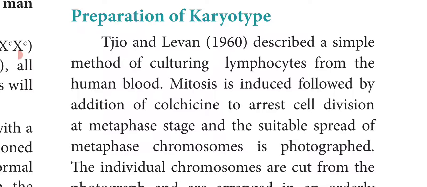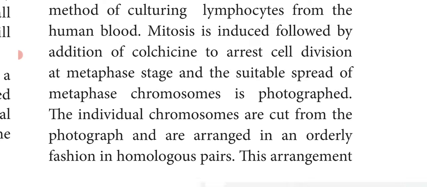So in the preparation of karyotype, the scientists described a simple method of culturing the lymphocytes from the human blood. At first mitosis is induced in that cell, and after that colchicine is added to arrest the cell division at the metaphase stage.